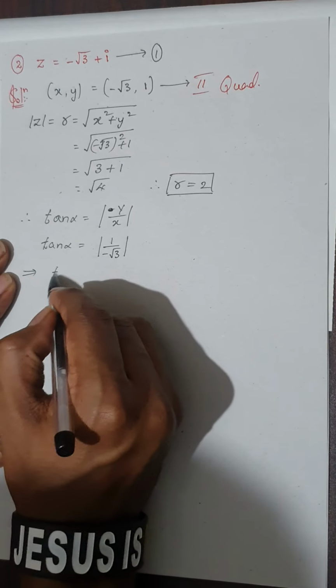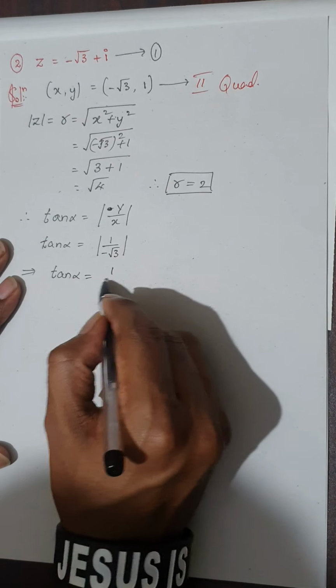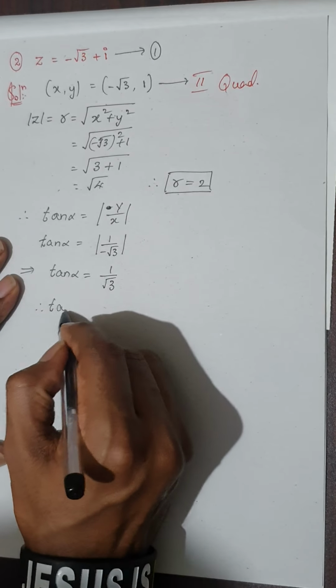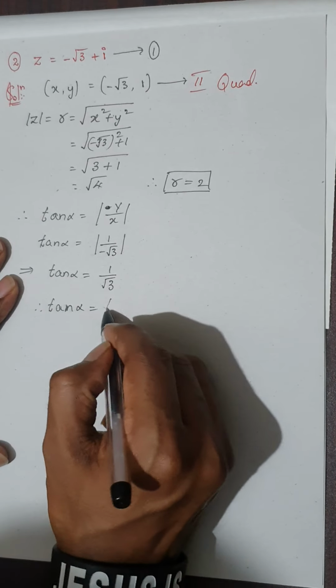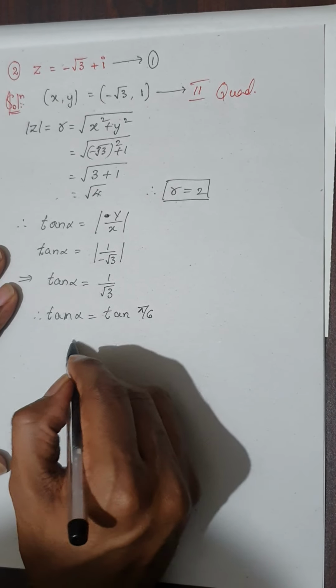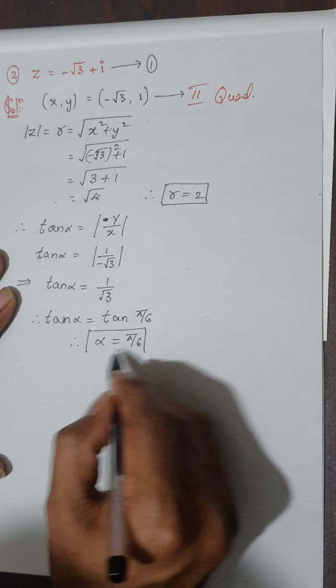So tan alpha is equal to 1 divided by root 3. Therefore, tan alpha is tan of what value is 1 by root 3? Tan pi by 6, 30 degrees, isn't it? Therefore, alpha is equal to pi by 6.